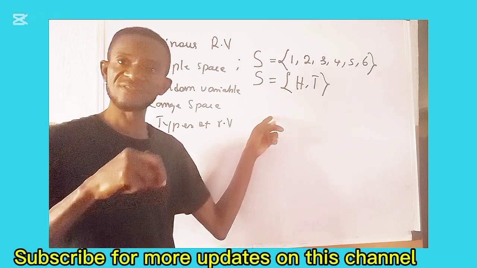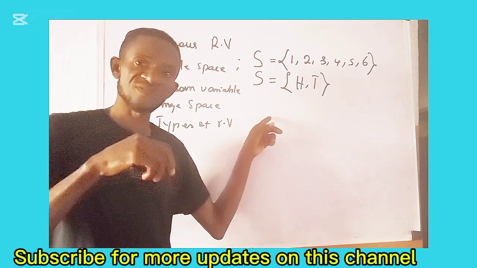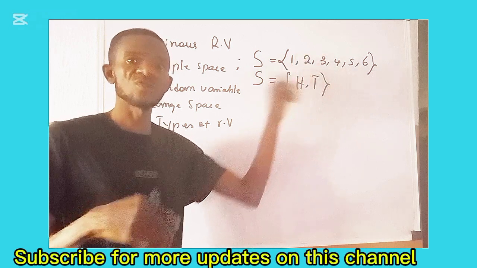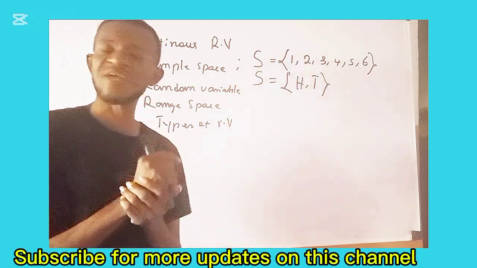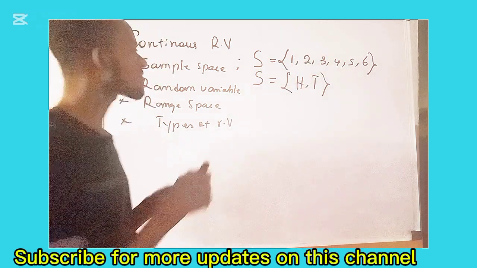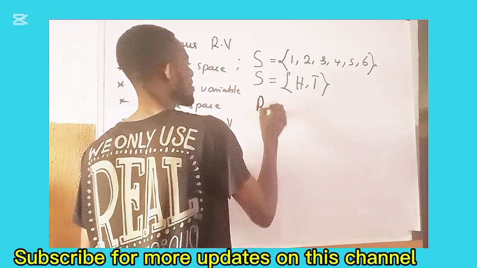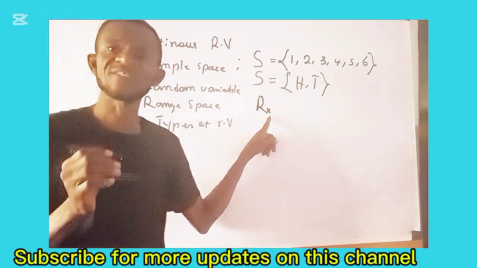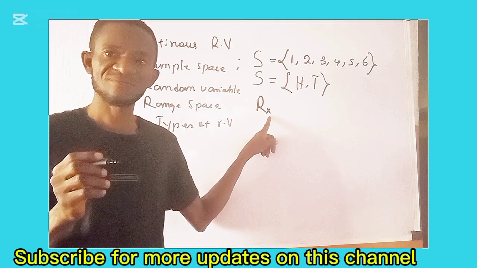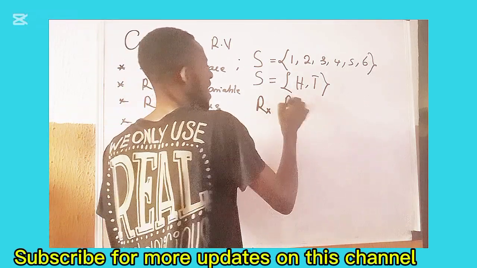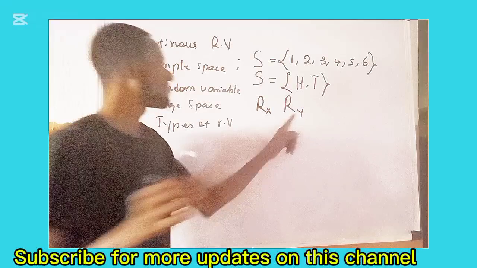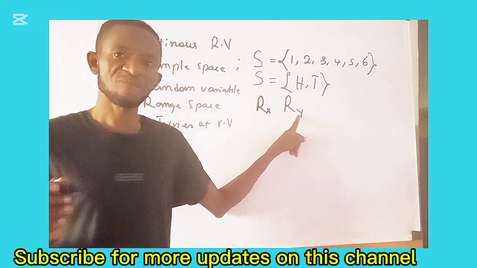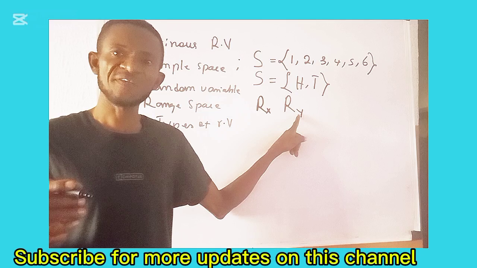It contains the real values assigned to all the possible values of a random experiment. It is often denoted by R subscript X, where this X is a random variable. Or you talk about R subscript Y. In this case, the random variable is Y. That's what we call the range space.